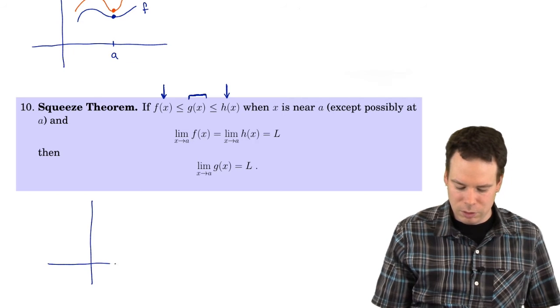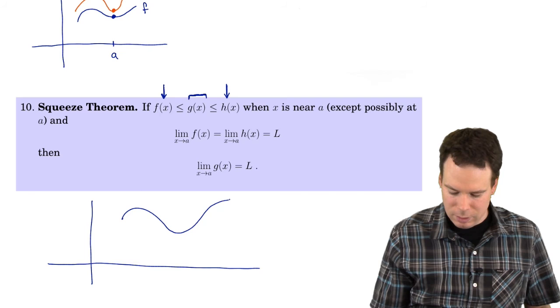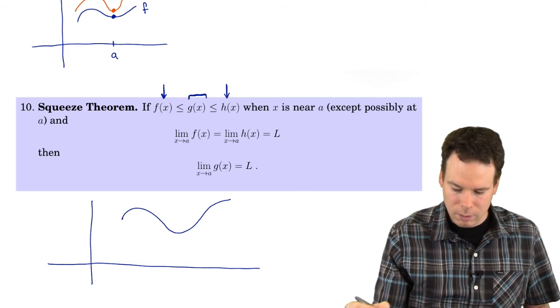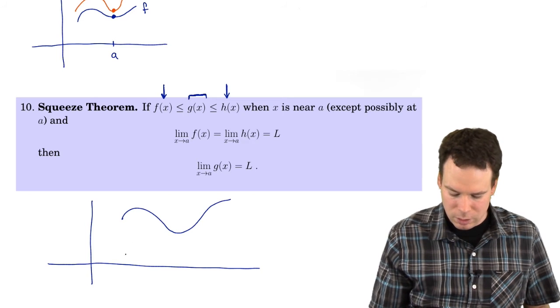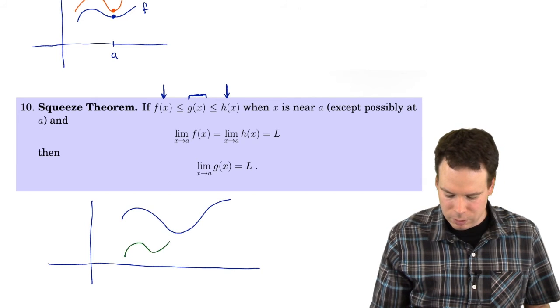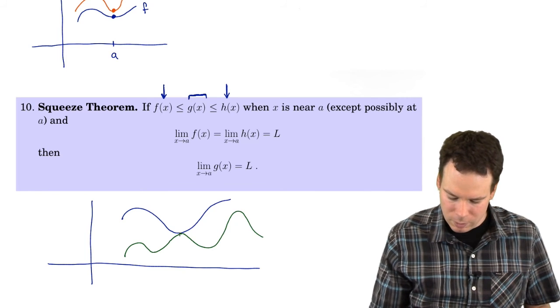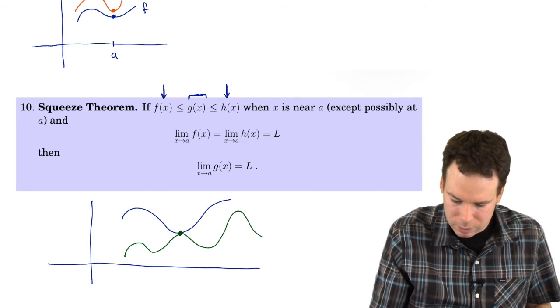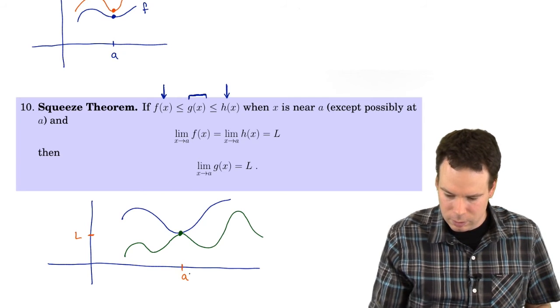And again, here's a picture. So h maybe looks something like this. f is smaller than h, but it's going to have the same limit. So it might do something like this. It's got the same limit. So they both have this limiting value L at a.